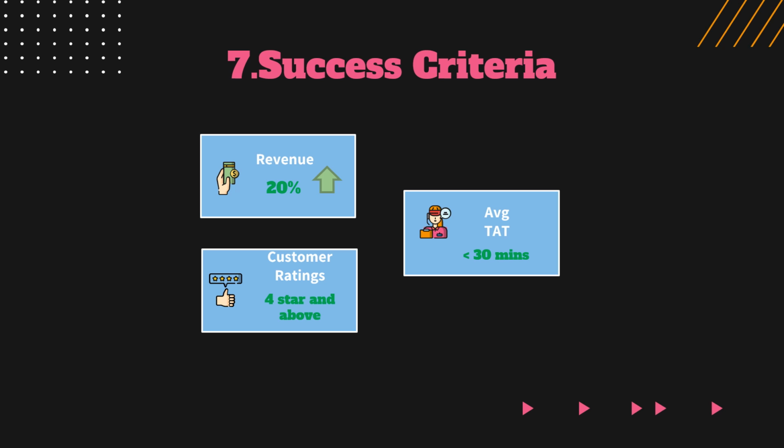Increase in the revenue by 20%, the additional 20% revenue to be from this new online channel. Customer ratings of 4 stars and above to be received from the customer survey. For speedy service, the typical turnaround time for food deliveries should be less than 30 minutes.